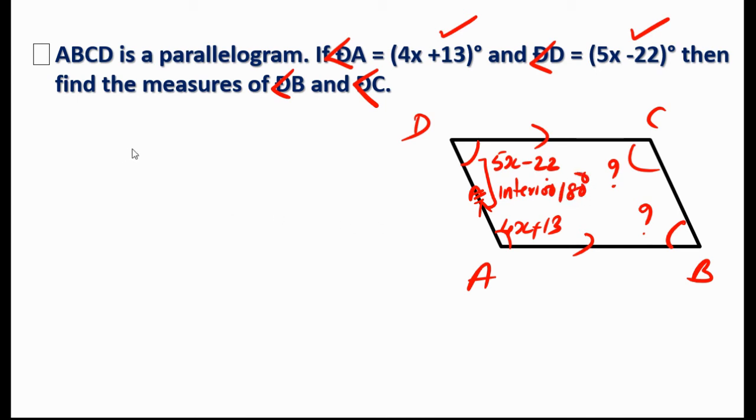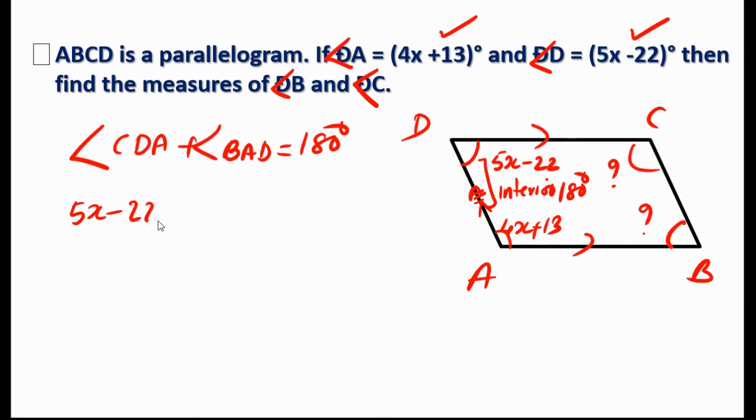So we will say very simply, without wasting time, angle CDA and angle BAD must be equal to 180 degree. तो हमको जो दिया गया है, CDA की जगह पे 5x minus 22 plus 4x plus 13 must be equal to 180.